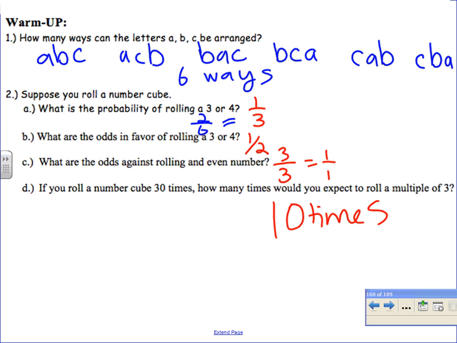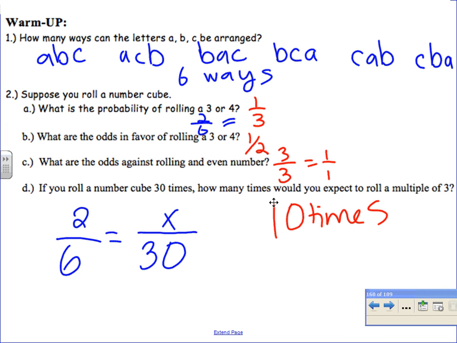Okay, so how many multiples of 3 are on a number cube? 2. So 2 out of 6 is the probability that you'll get a multiple of 3. It says you roll the number cube 30 times. So set up a proportion. You need to find what x is. Okay, there's always 6 sides on a number cube unless they say otherwise.